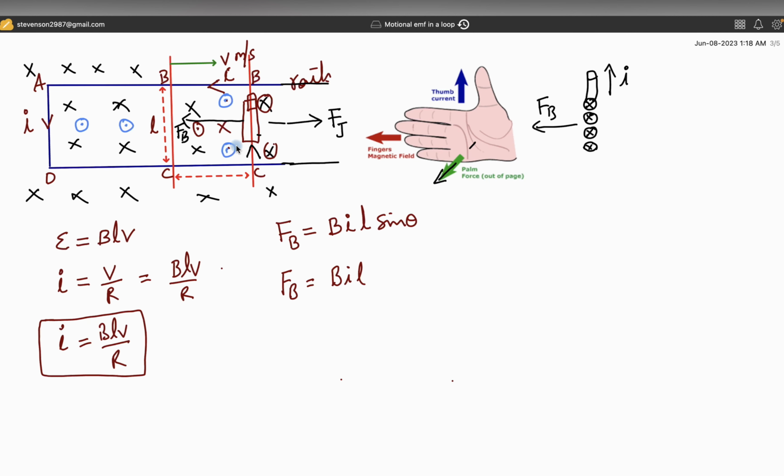Now let us say we have two forces acting in opposite directions where the rod is moving at a constant speed or constant velocity. That means there is some force exerted by Jordan, and this force multiplied by the velocity with which the conducting wire is moving should be equal to the power, or the rate of doing work by Jordan, the external agent.